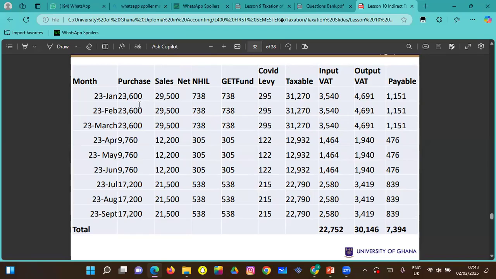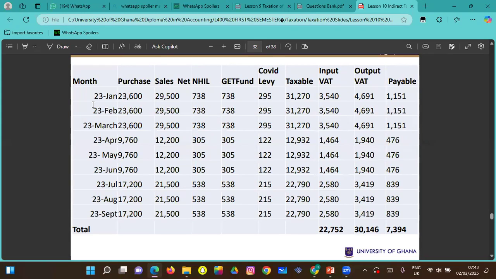Remember, I told you that the input VAT has been embedded in here, but we are going to ignore COVID and NHI when there's an input VAT.